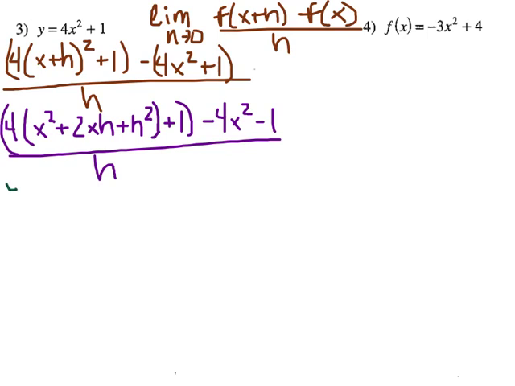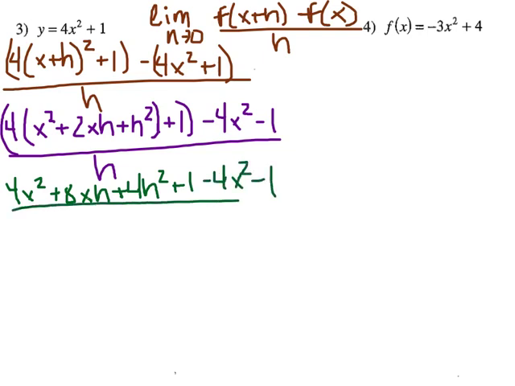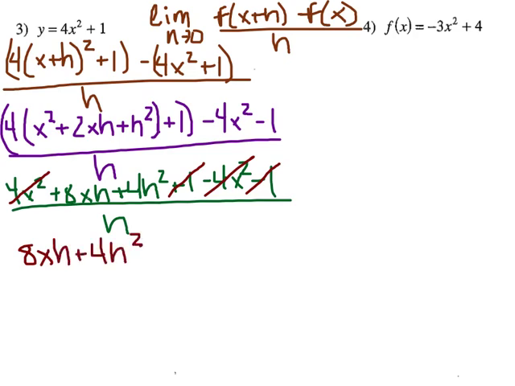Let's distribute out that 4: 4x squared plus 8hx plus 4h squared plus 1 minus 4x squared minus 1, all over h. We'll simplify some. We have a positive 4x squared and a negative 4x squared. Positive 1 and negative 1. We're left with 8xh plus 4h squared over h.